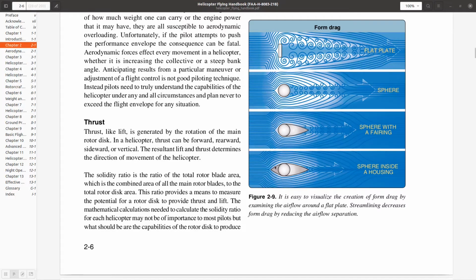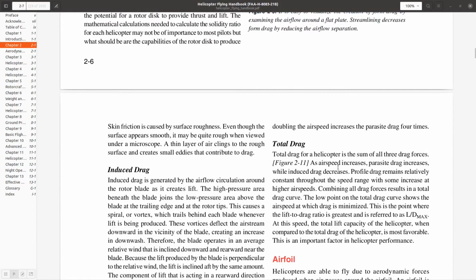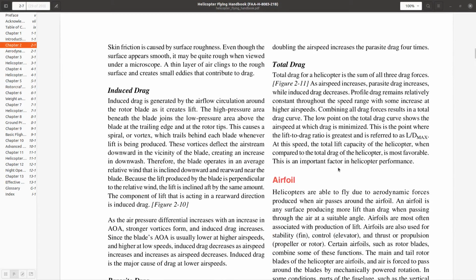And if you have a sphere inside a little eye-shaped housing, then it gets even better yet. So those are examples of form drag. We have different kinds of drag. We have induced drag, which is created when it creates lift. It has to necessarily create some drag. We talk about total drag just like we do with airplanes.